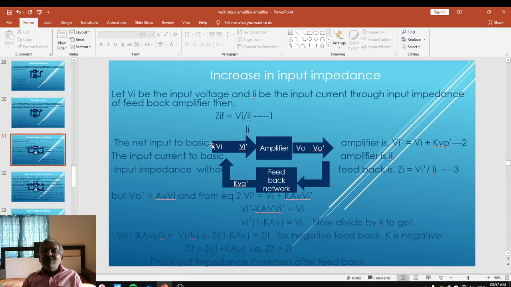The net input to the basic amplifier is Vi dash equal to Vi plus K times Vo dash. Let me call this equation number 2. How is it possible?